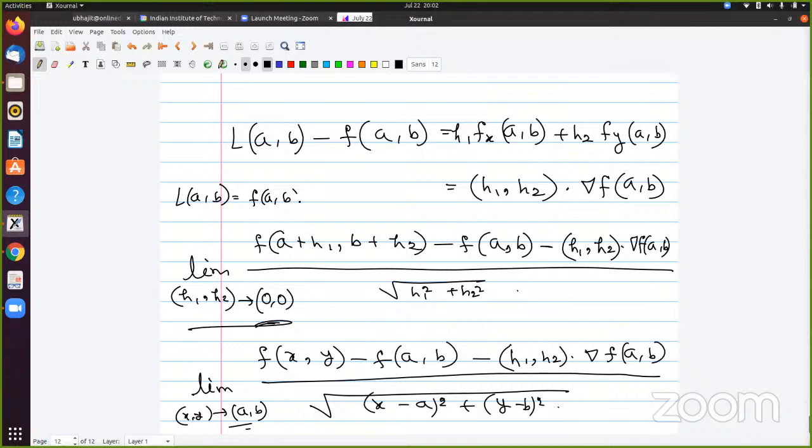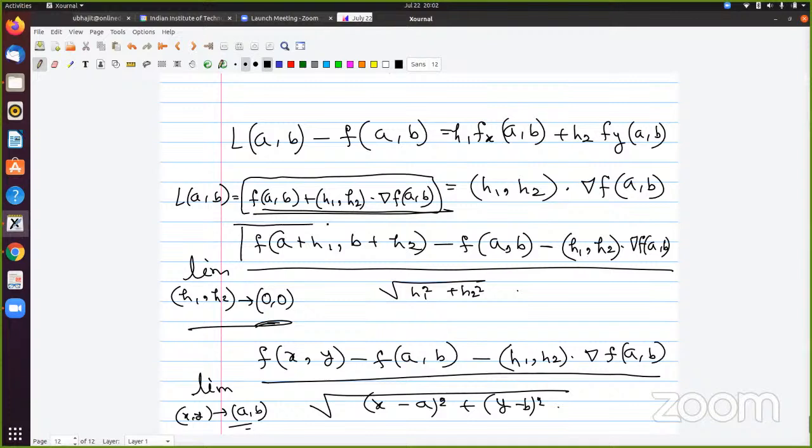That is f(a,b) plus (h1, h2) dot gradient of f(a,b). This portion is basically a linear approximation at the point (a,b).